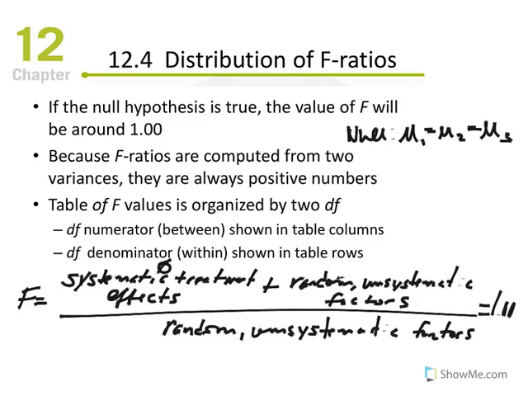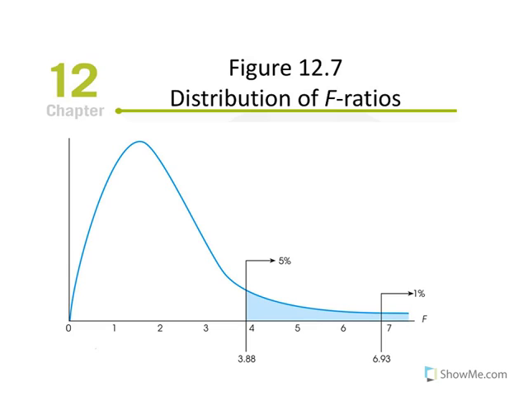In this case, the two sample variances should be about the same size, so the ratio should be near 1. In other words, the distribution of F ratios should pile up around 1. So again, as I illustrated here, zero treatment effect plus whatever the random unsystematic factors variability is, divided by itself, is going to produce a value close to 1.